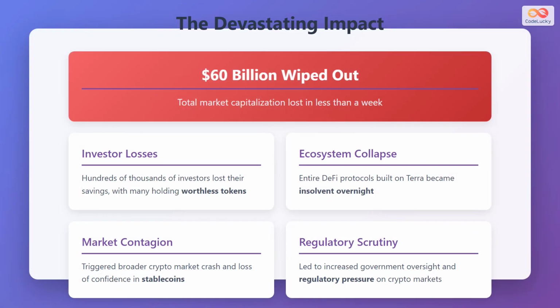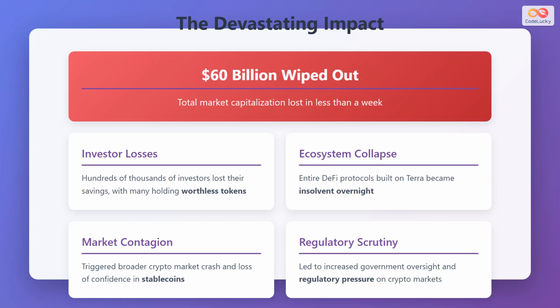The impact of the Terra Luna collapse was absolutely devastating. $60 billion in market capitalization was wiped out in less than 1 week. Hundreds of thousands of investors lost their entire savings, left holding essentially worthless tokens. The entire ecosystem collapsed. All the decentralized finance protocols built on Terra became insolvent overnight.